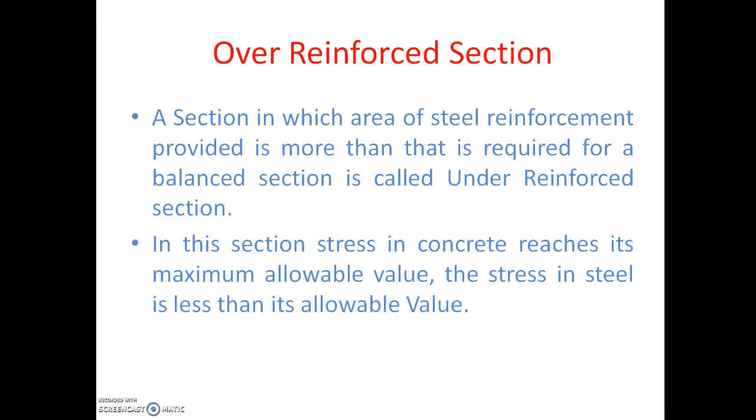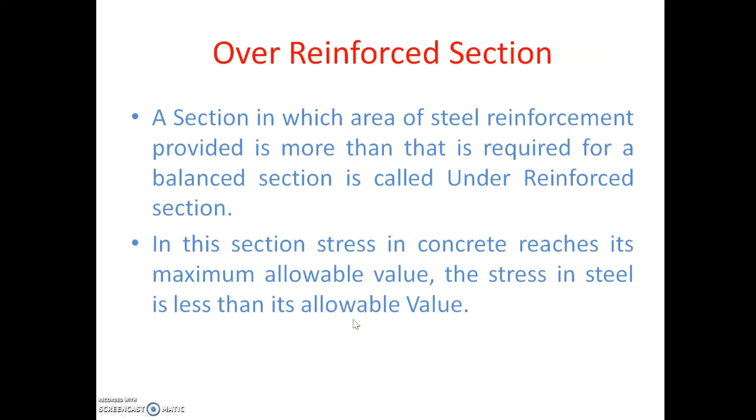so the failure is not sudden. An over reinforced section is a section in which the area of steel reinforcement provided is more than that required for a balanced section. In this section, the stress in the concrete reaches its maximum allowable value, while the stress in the steel is lesser than its allowable value.